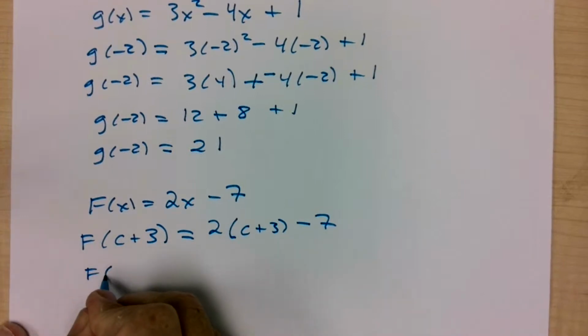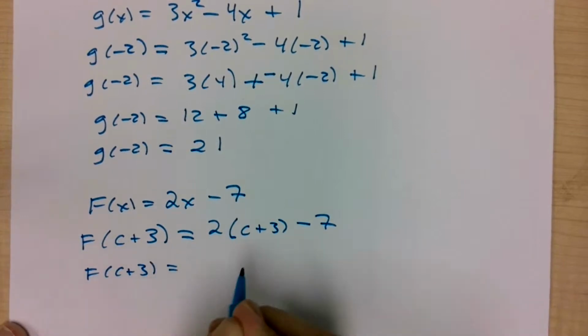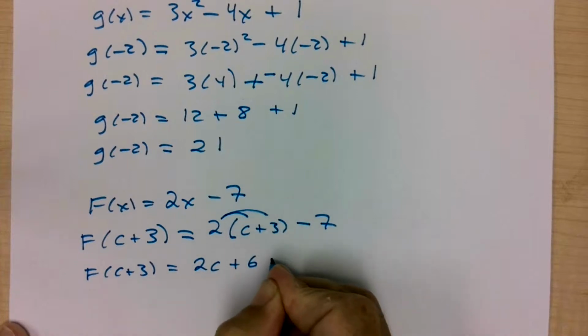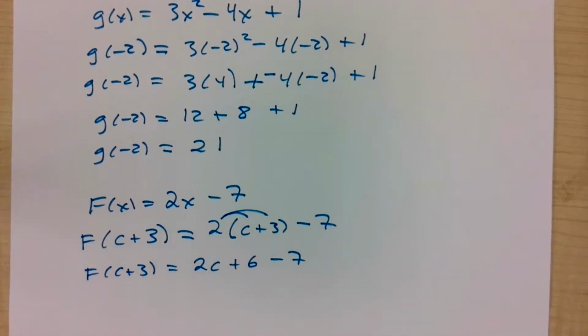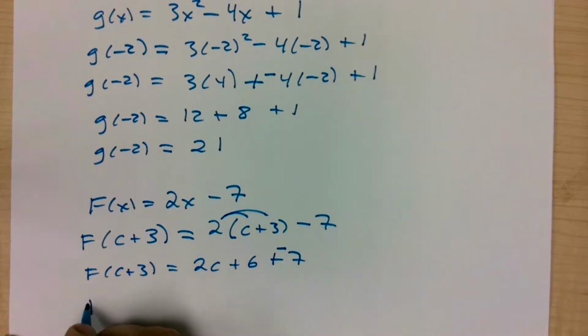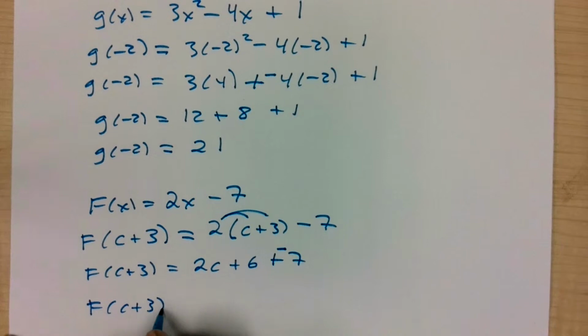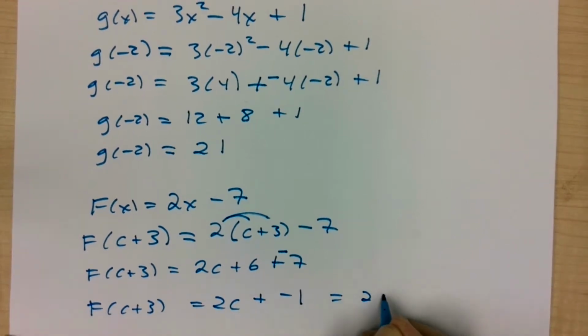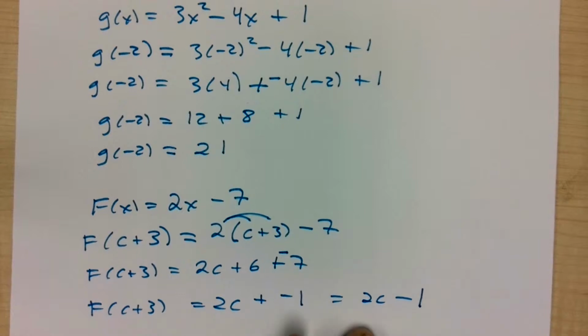So I get f of c plus 3 is 2c plus 6 minus 7. I'll make the minus 7 plus a negative, and I get f of c plus 3 is 2c plus negative 1, or if you like, 2c minus 1.